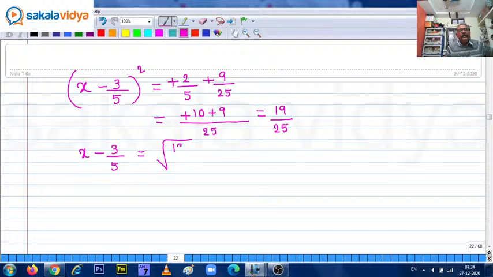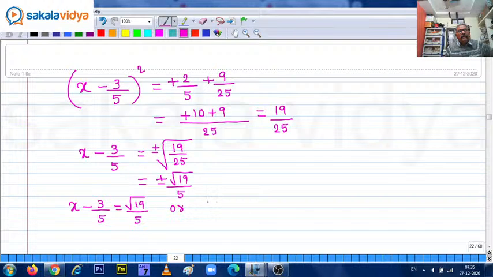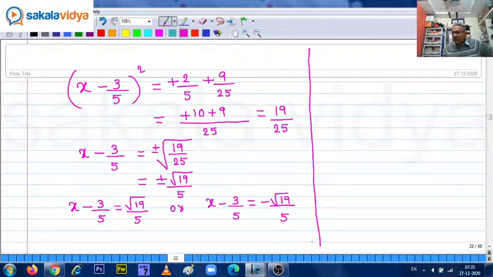root over 19 by 25, but plus or minus. This will be plus or minus root 19 upon 5. So x minus 3 by 5 equals root 19 by 5, or x minus 3 by 5 equals negative root 19 by 5. Right.